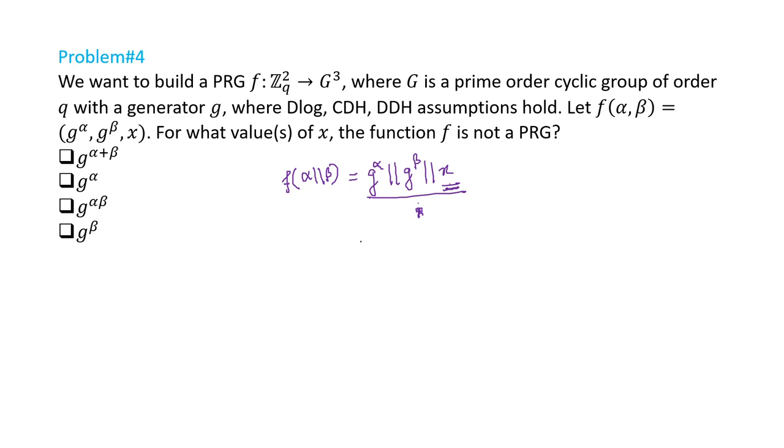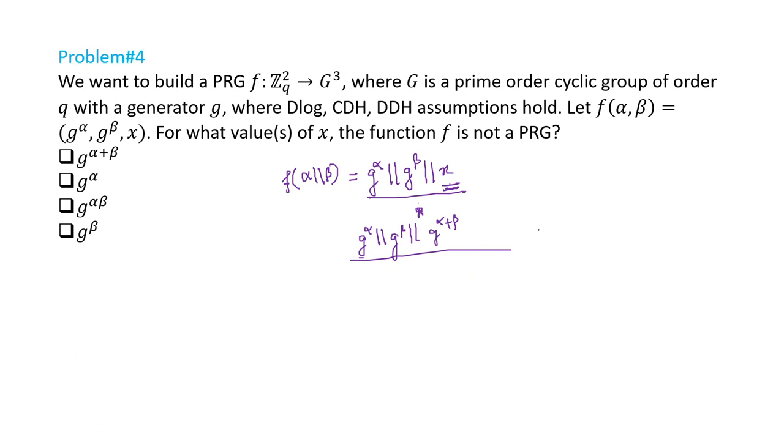If I write the pseudo-random string as g to the power alpha, g to the power beta, and replace x with g to the power alpha plus beta, is it distinguishable from a random string by a polynomial time adversary?